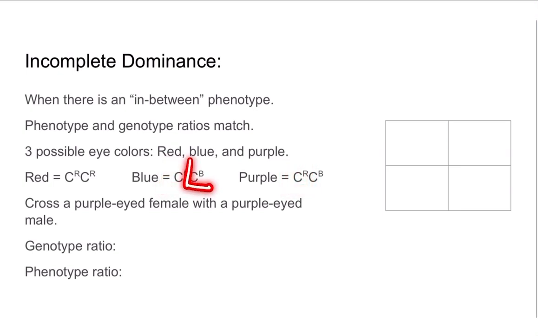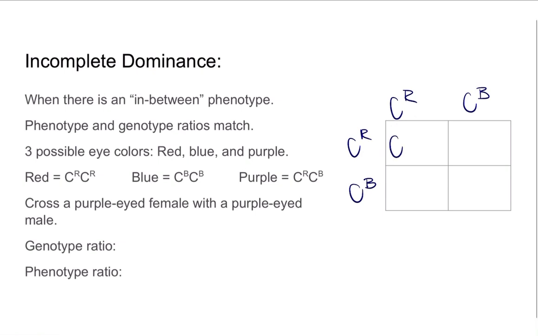That's gonna be individual, and this is gonna be individual on top of each box. So we've got a purple and a purple, so CR, CB, CR, CB. And just like the monohybrid cross, we're just gonna put these together.